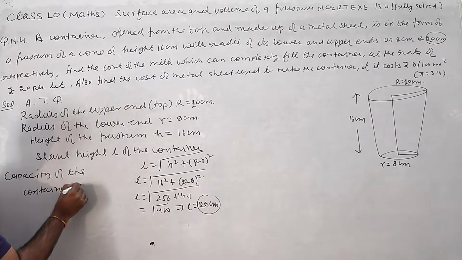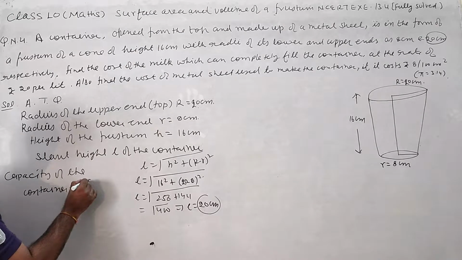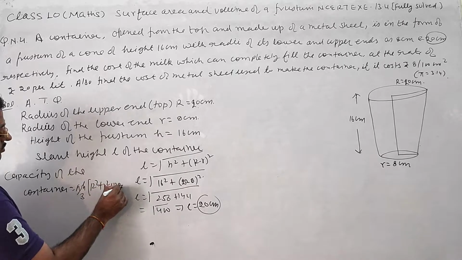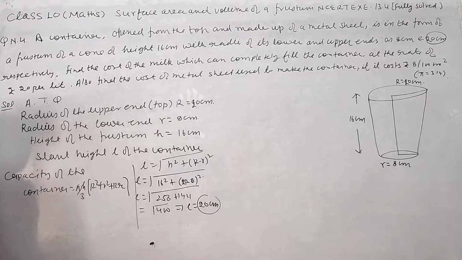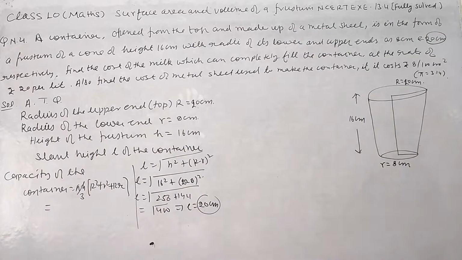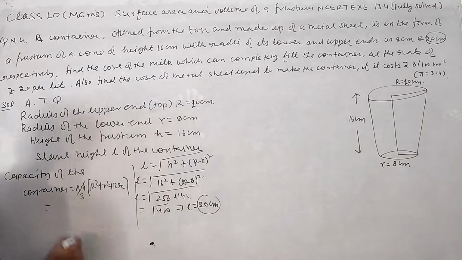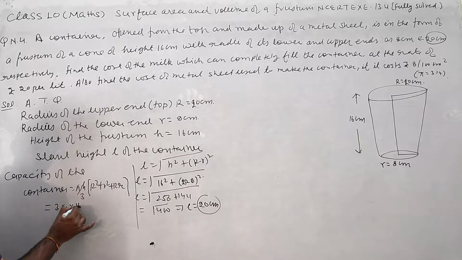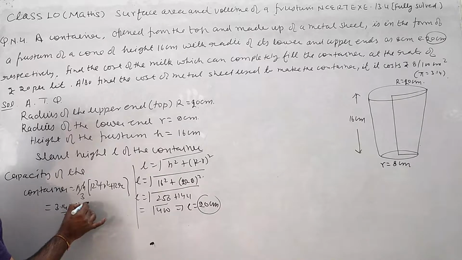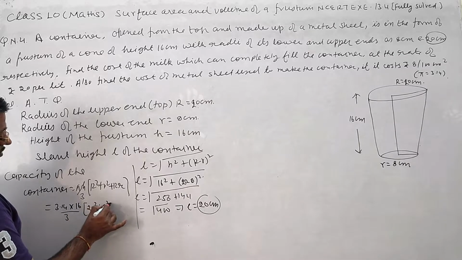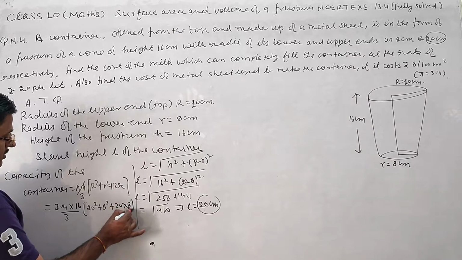So we use the formula pi h by 3 into R square plus small r square plus R into small r. So put the values, pi you can use as 3.14 and h is 16. So 3.14, h is 16, capital R 20 square, small r 8 square plus 20 into 8.